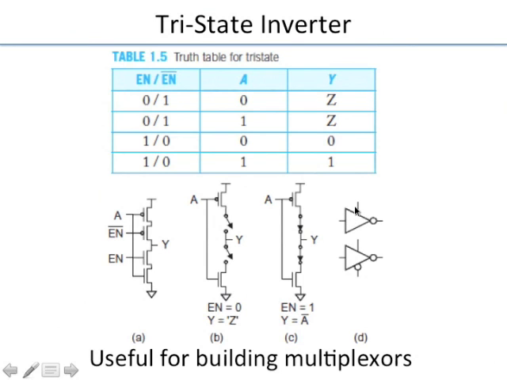Perhaps it's implicit that you have both, just so that you don't clutter this. Maybe it's assuming that when you have something like this, you have both enable and enable bar, perhaps. Or maybe he's also thinking of a situation where there is tri-state capability only in the pull up and not the pull down, perhaps. So I don't know.